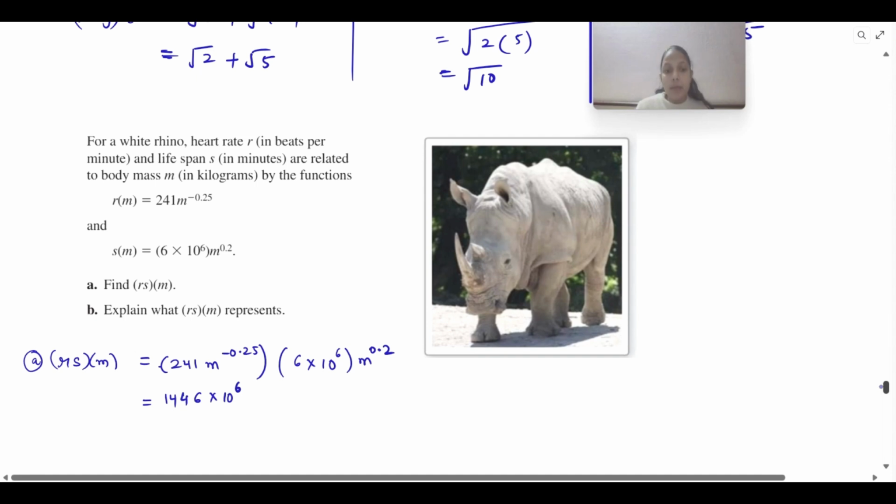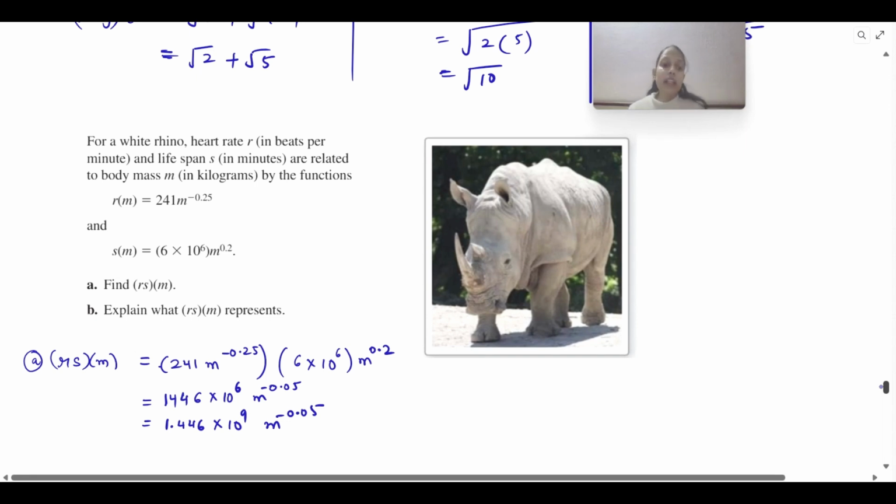M power negative 0.25, M power 0.2. So powers will add, and if you add you get minus 0.05. This is what you will get in this case. And if you want, you can write the terms in decimals. So I bring the 3 zeros, 1, 2, 3, into 10 power 9. M power negative 0.05. Okay, so this is Rs at M.